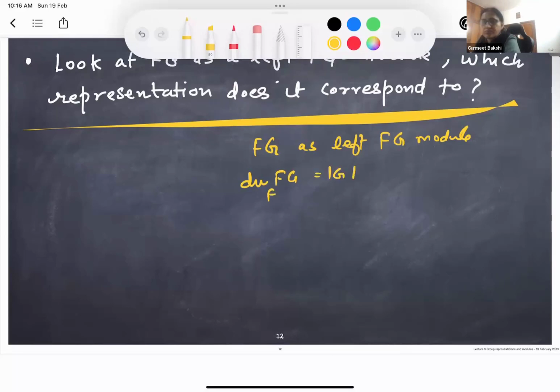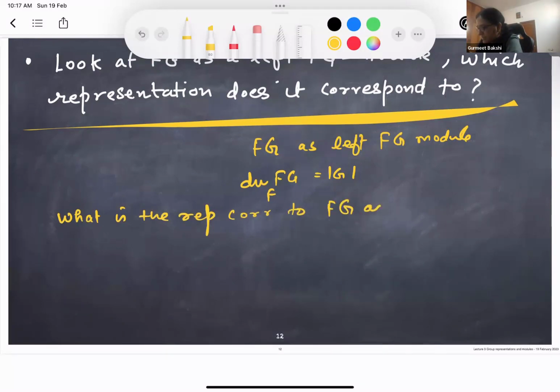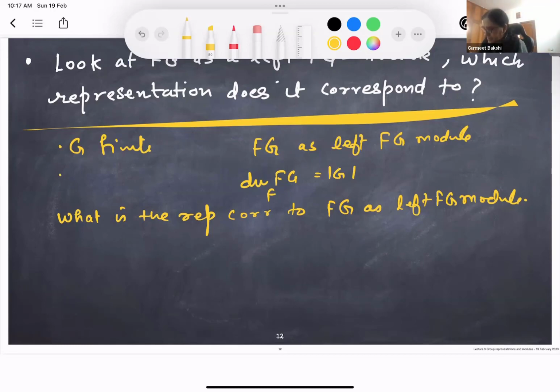It is the order of G. Therefore, it corresponds to a representation of G over F. What is the representation corresponding to FG as a left FG module? This is what I am asking. My G is a finite group. Throughout these lectures, your groups are finite and vector spaces are finite dimensional. And the answer is, what you get is the regular representation.